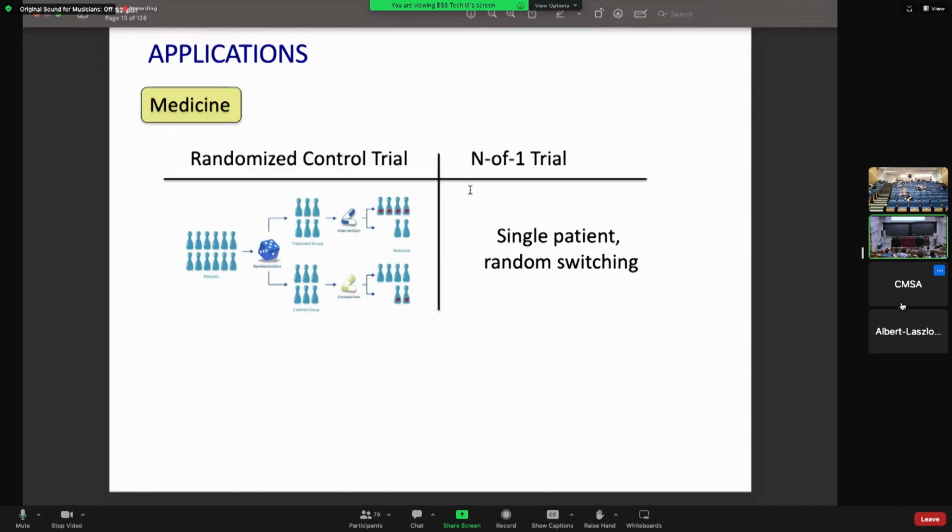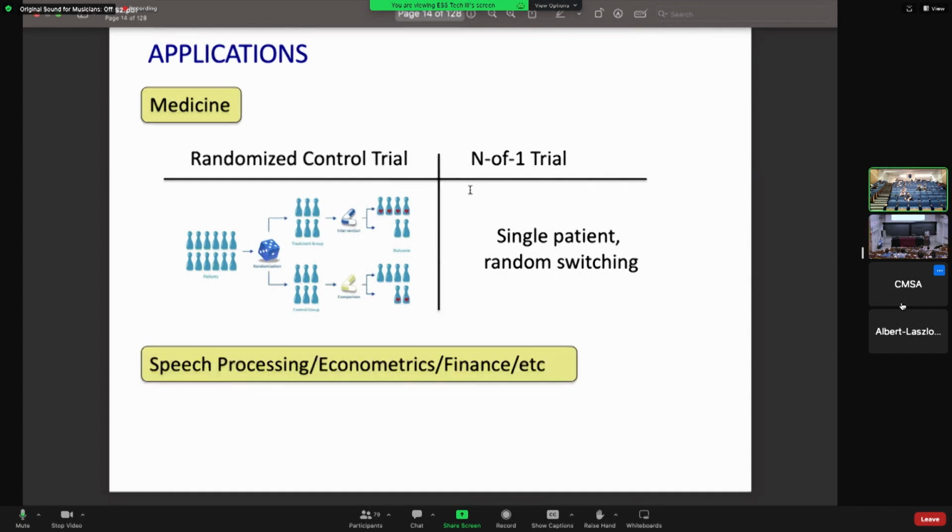That sounds too good to be true, but the idea is that you take this one patient and you randomly switch which of the medications you're giving them, and you measure the response of the patient over time. And what you're hoping to do is to infer from observing that trajectory of dynamics how effective the medicines are. So you really want to do learning and inference with a linear dynamical system.